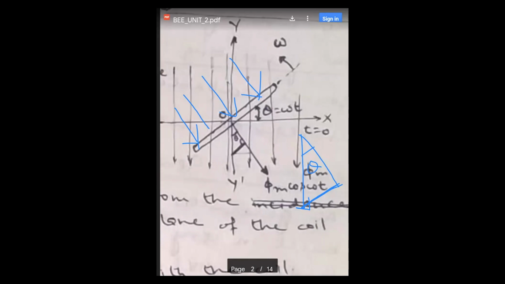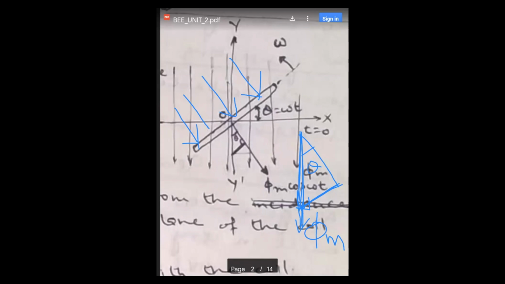Cos theta is base upon hypotenuse. This hypotenuse is the earlier perpendicular direction, and at that time all the phi m, or the maximum flux, was associated with it.